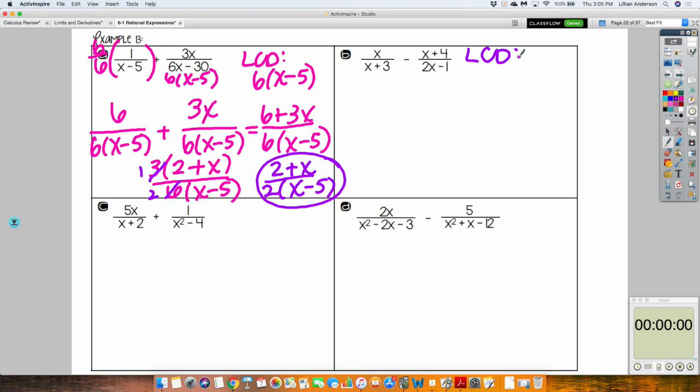Huh? No, not 2x minus 3. I feel like y'all are overthinking it. What's something that both denominators can go into? All right, I'll help you out on this one. Okay? How about 2x minus 1 times x plus 3?